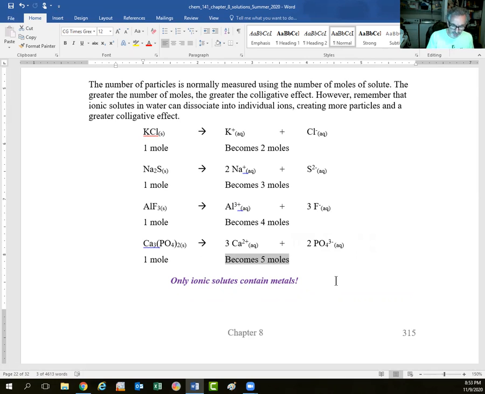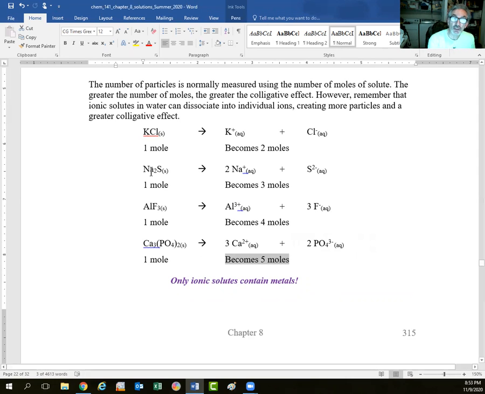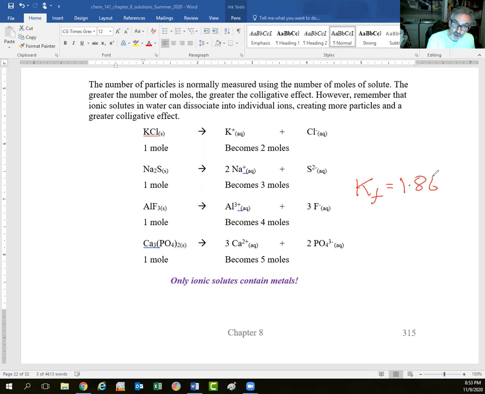The examples that we'll sometimes look at is with the effect on the freezing temperature of a body of water. And we need to consider what we call the freezing constant, as we'll see in the laboratory. Freezing constant, it tells us that when we've got a kilogram of water, the freezing temperature of water drops by 1.86 degrees Celsius for every mole of solute that's in solution, multiplied by that I factor.